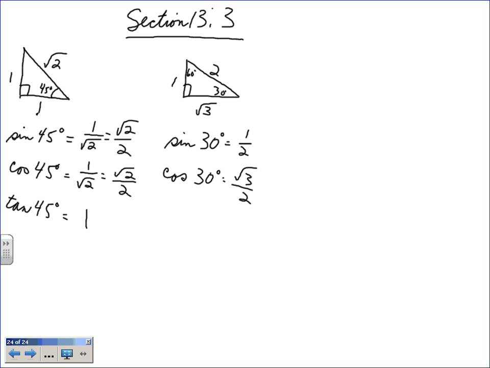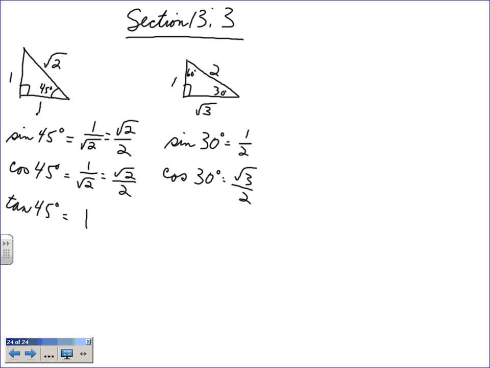Perfect. The sine of 30 is equal to the cosine of its complement. The complement of 30 degrees is 60 degrees. And so if the sine of 30 is 1/2, then the cosine of 60 is also 1/2. So we could come up with these generalizations on these special angles.